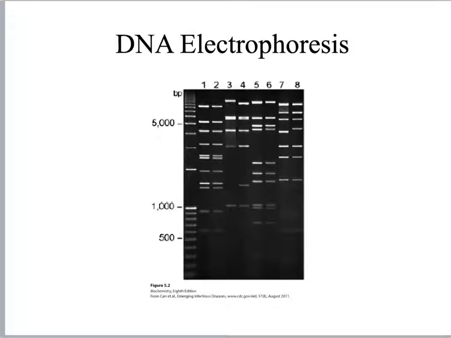Because of that charge, we can use gel electrophoresis to separate the DNA fragments. In general, the shorter DNA fragments are going to migrate further in the gels, so we have shorter down here, and the longer fragments are going to end up by the top. Now in DNA electrophoresis, we're using polyacrylamide gels.